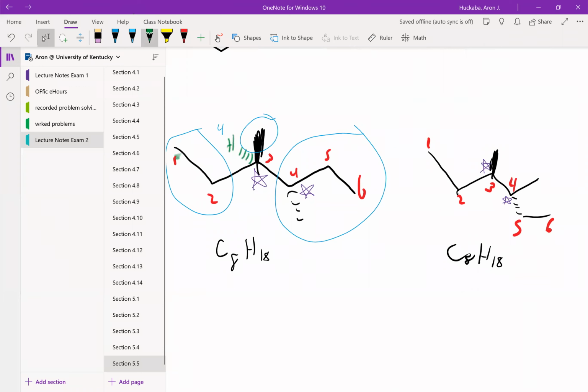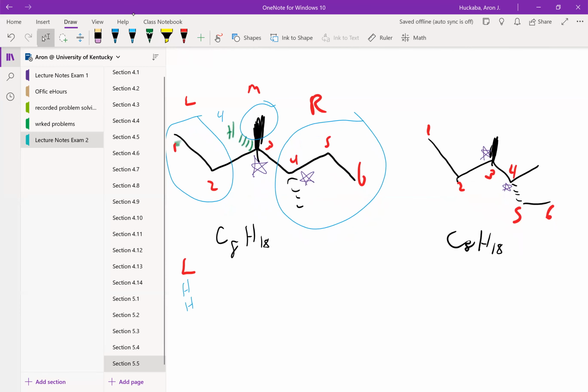Okay, so the substituent on the left, middle, and right. The substituent on the left has 2 hydrogens and 1 carbon. The one in the middle has 3 hydrogens. And the one on the right has what looks like 1 hydrogen and 2 carbons.